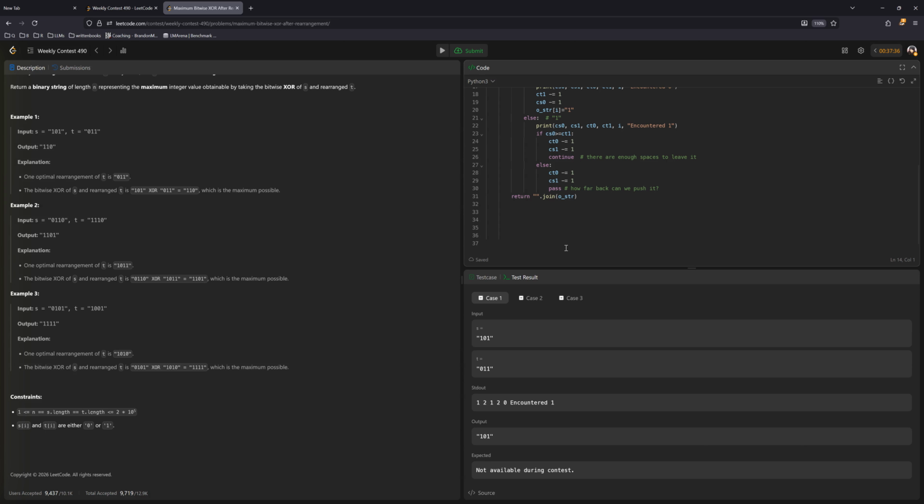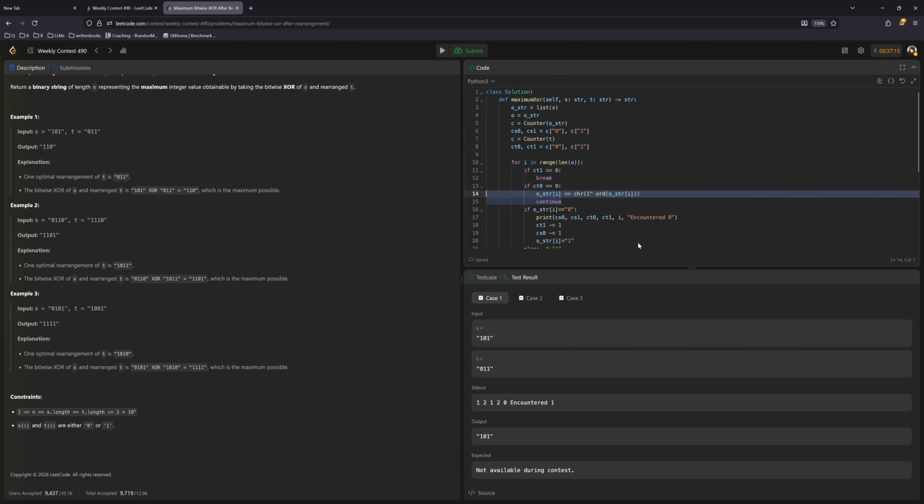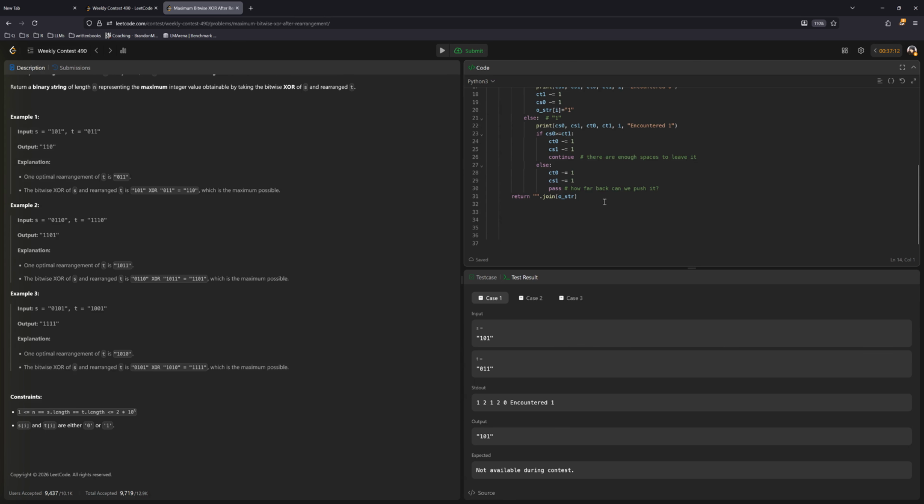It seems like once we've committed to swapping, then we have to keep swapping. Okay, I think that we had the right idea at first.